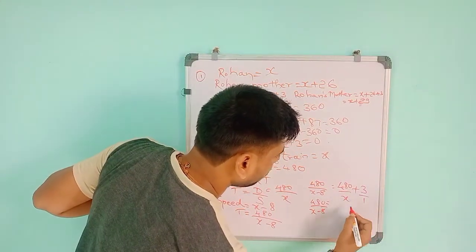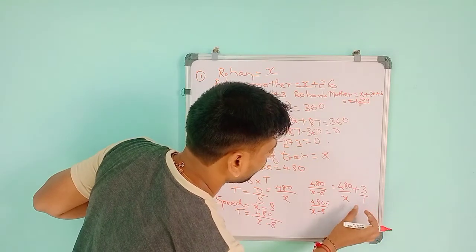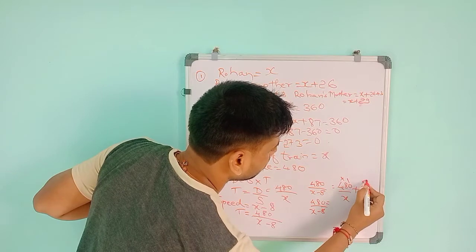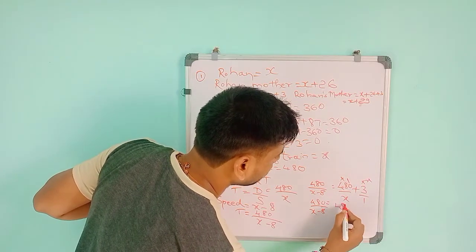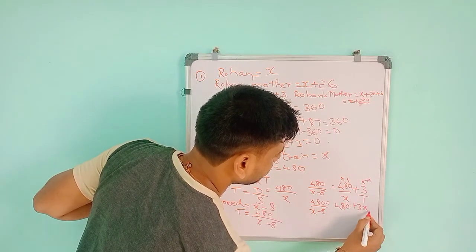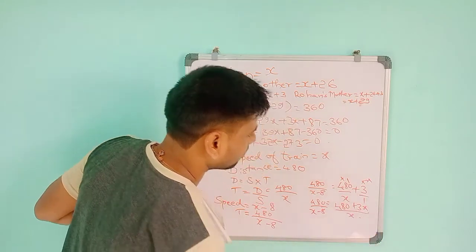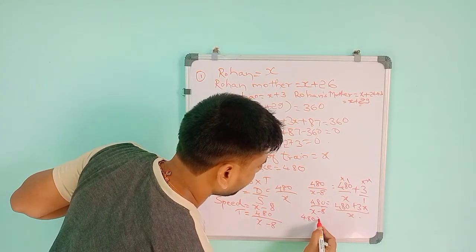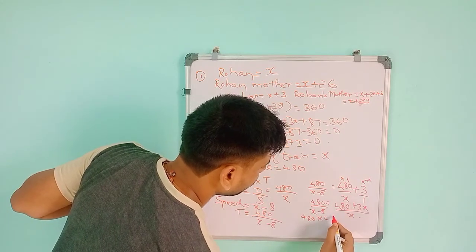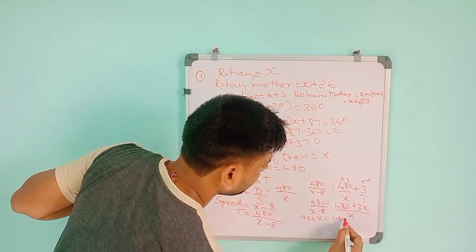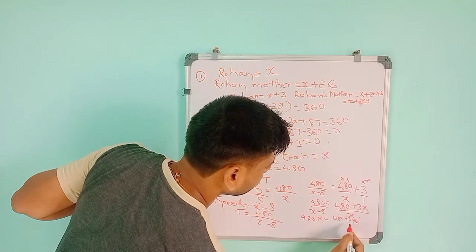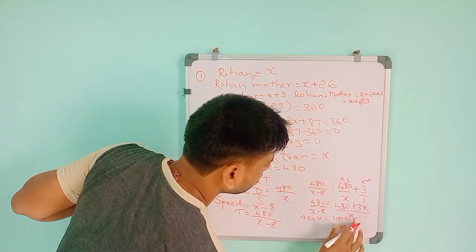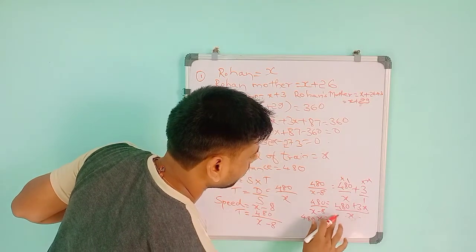If you solve this, the denominator will be x, because it is 1 there. So it will be 480 plus 3x by x. If we cross multiply this, 480x is equal to 480 plus 3x. Let me do it outside.